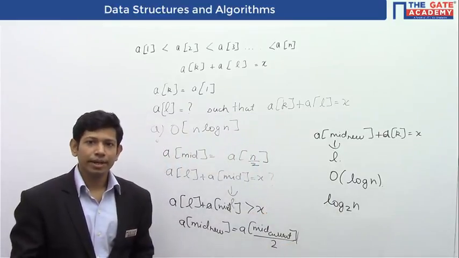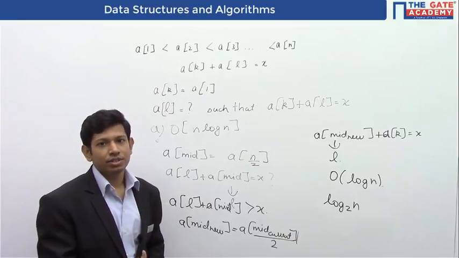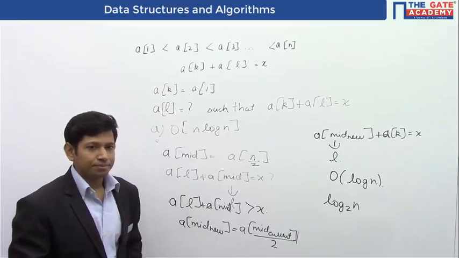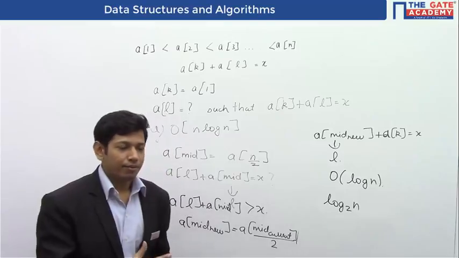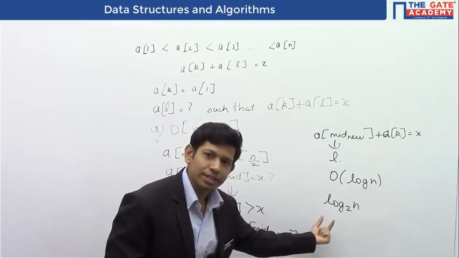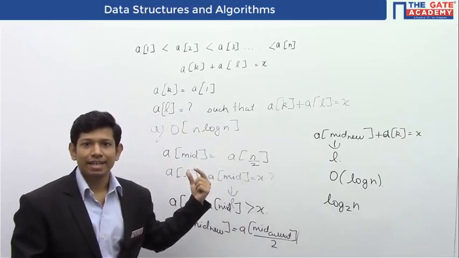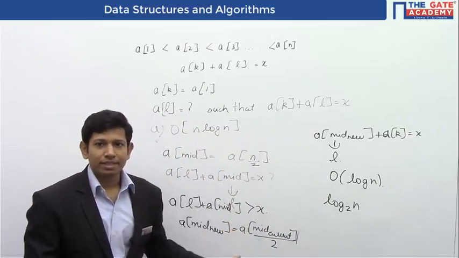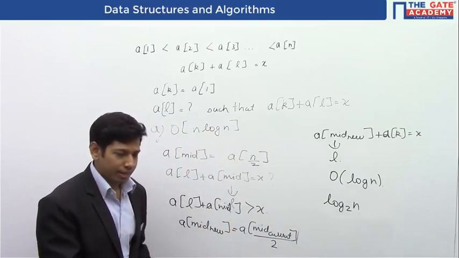So how many times can we divide in total until we reach the final answer? Since there are n elements, we can divide n times, and since the cost of one division is log n, dividing n times, the total time complexity would be n into log n.